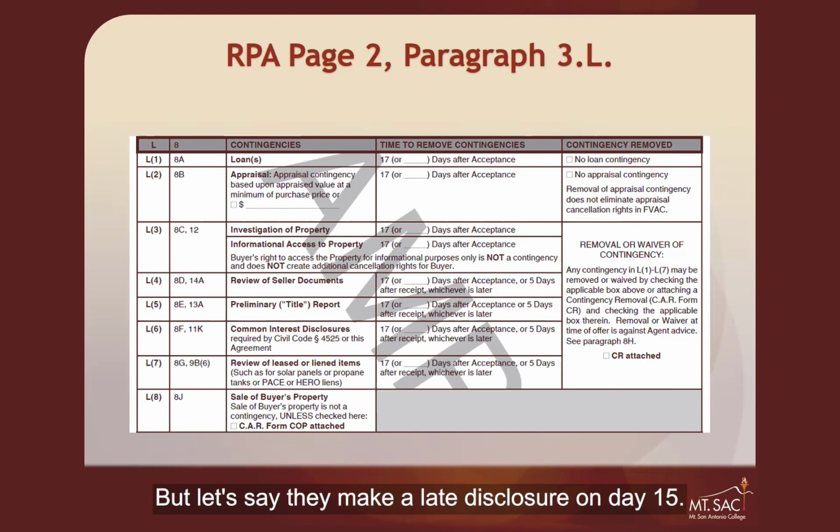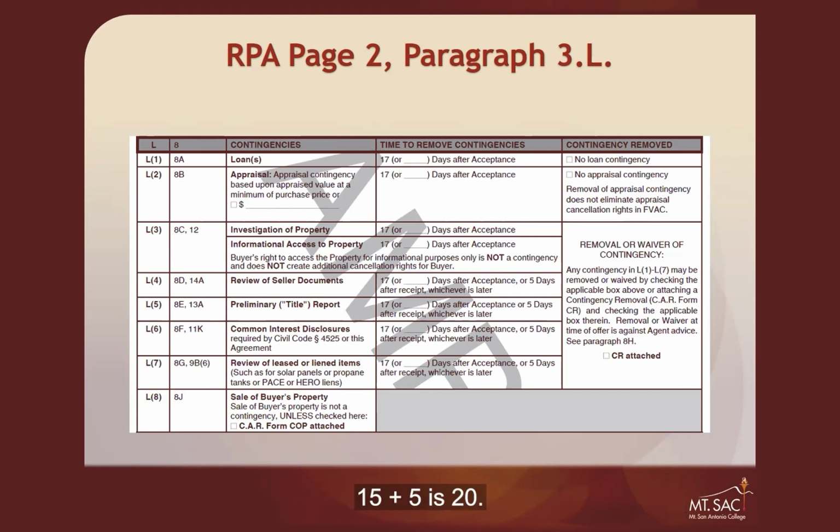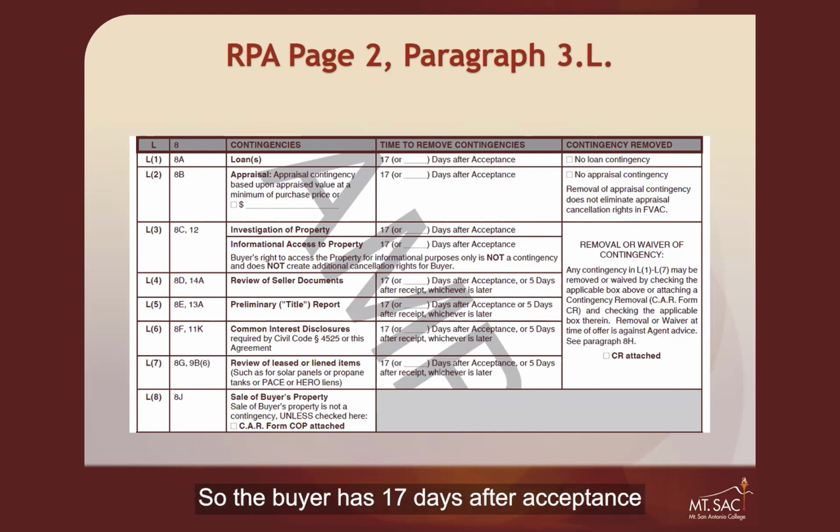But let's say they make a late disclosure on day 15. 15 plus 5 is 20. The buyer's going to have 20 days from acceptance. So the buyer has 17 days after acceptance or 5 days after receipt, whichever is later. Okay, so hopefully that makes sense to all of you. If it doesn't, we got the check, right?